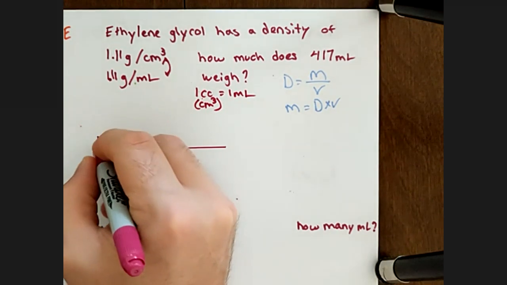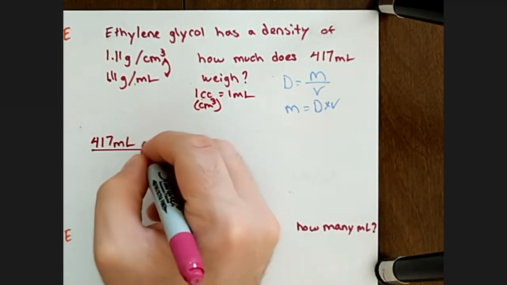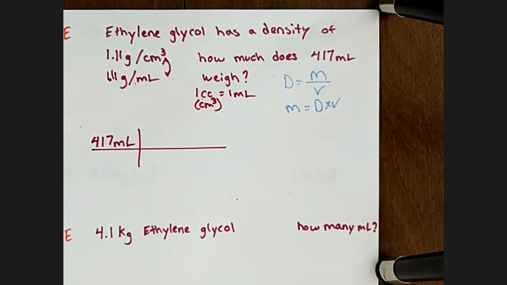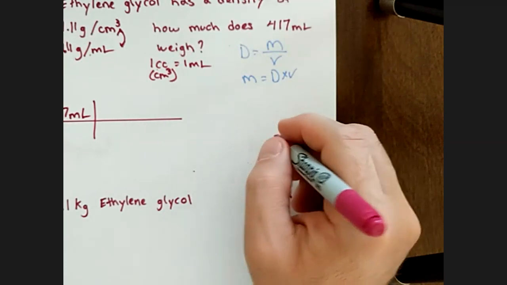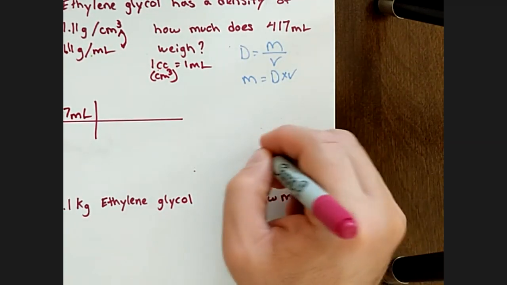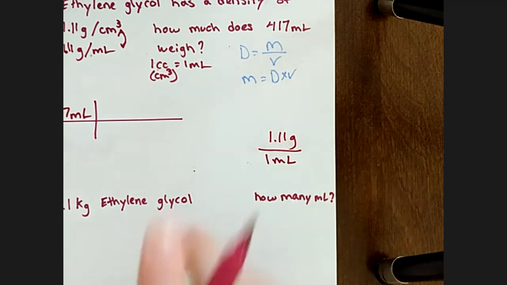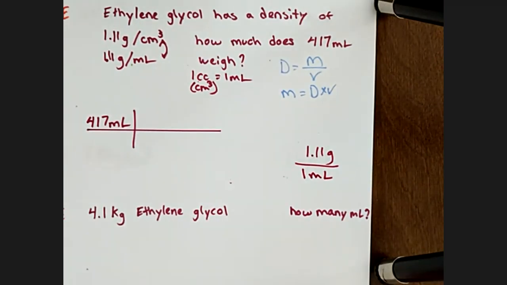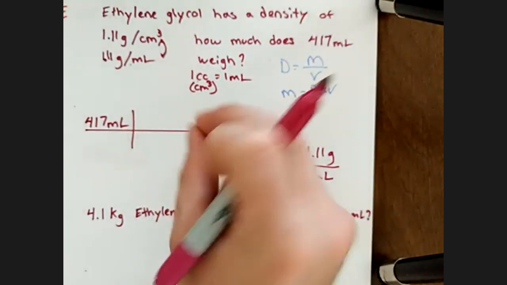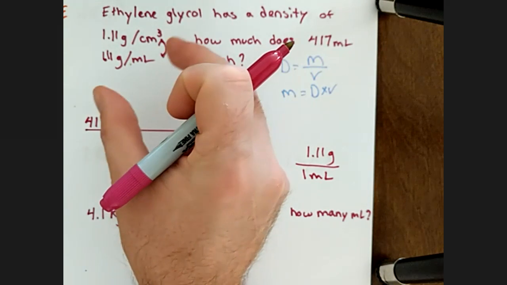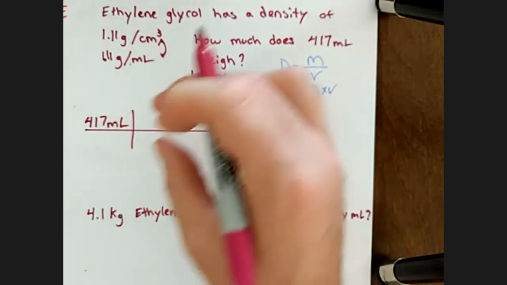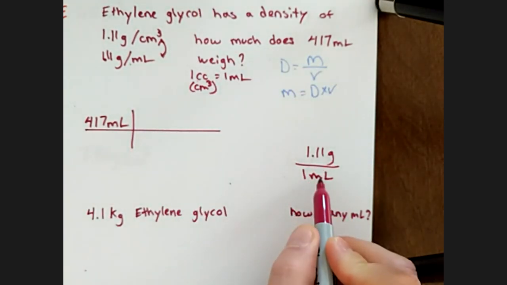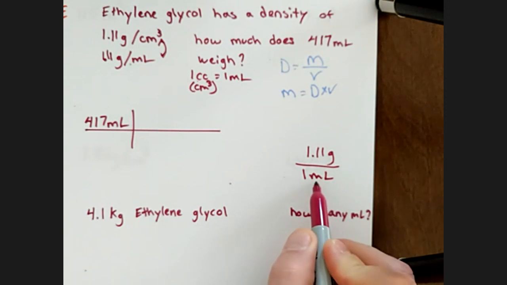So we have 417 milliliters. Now the density term here, because it's two terms, actually looks like this. It is actually 1.11 grams for every 1 milliliter. That's really what that's saying. I find that people, if they write these together, often include them both together in the bottom, versus separating them as terms, where it's actually saying 1.1 grams per 1 milliliter.